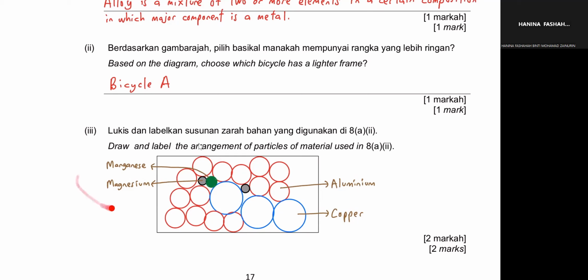If you write either one, also no problem. If you just draw magnesium only, no problem. Or you draw manganese only, no problem. But you must draw three at least. Aluminium contains the most, 93%. Draw around many lah. Then copper also contains more than magnesium, I think.